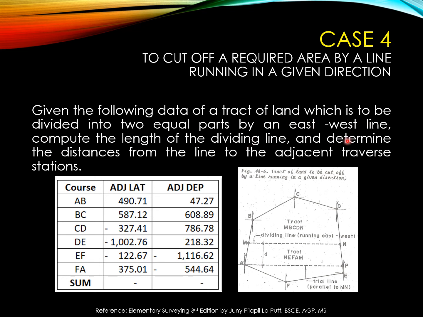Compute the length of the dividing line and determine the distances from the line to the adjacent traverse station. Here, we need to get the distance of this M to B or A. So, it needs to run east to west, an east-west direction. So, the dividing line is on the x-axis, or a horizontal line.